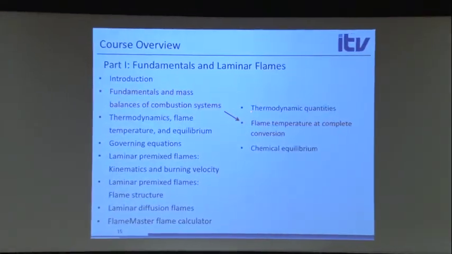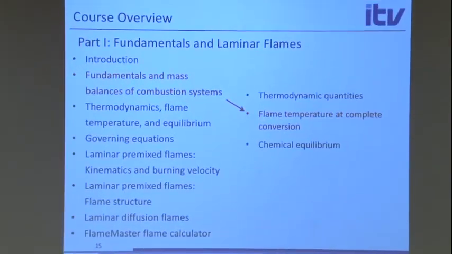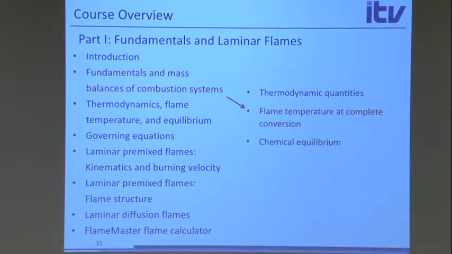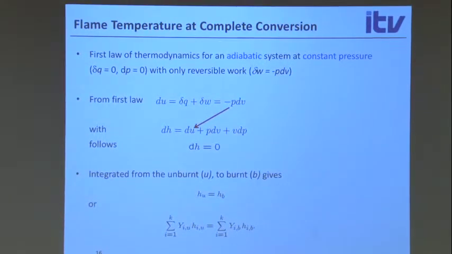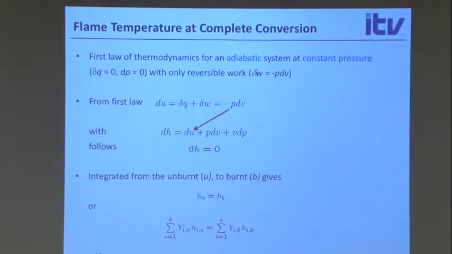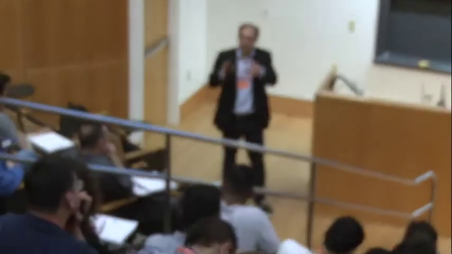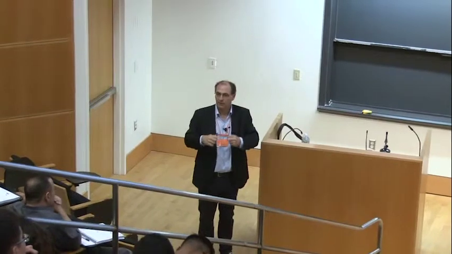from these considerations, we can formulate the first law of thermodynamics and try to compute what the temperature is after combustion. Because now, with this reaction enthalpy, we have the amount of chemical energy that is freed.